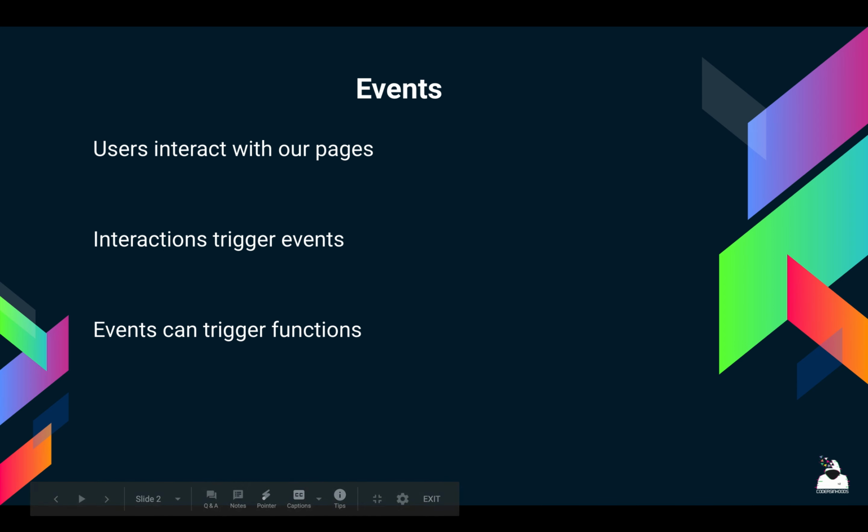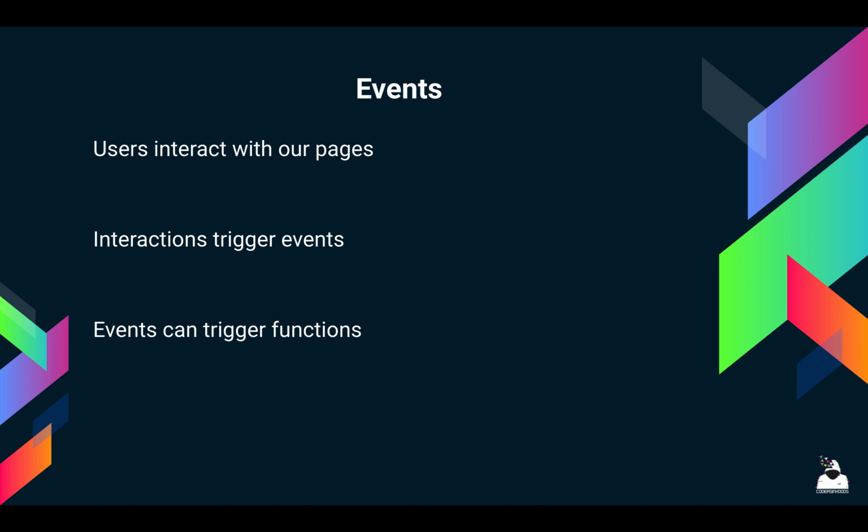Anyway, events are triggered by interactions, usually interactions from our user. So users navigate around our pages, they click on stuff, they do a bunch of things with files or with their keyboard or whatever. And those are triggering lots of events in our pages.